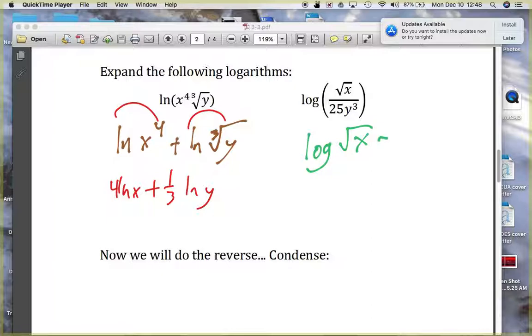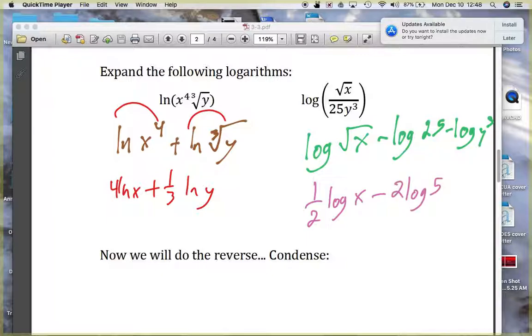Something to note here is some people would make this addition, but since they're both still on the division side, you'd still write them as subtractions. And if you wanted, you could actually break this one down to here, right? Because 5 squared is 25. So I'd get that.